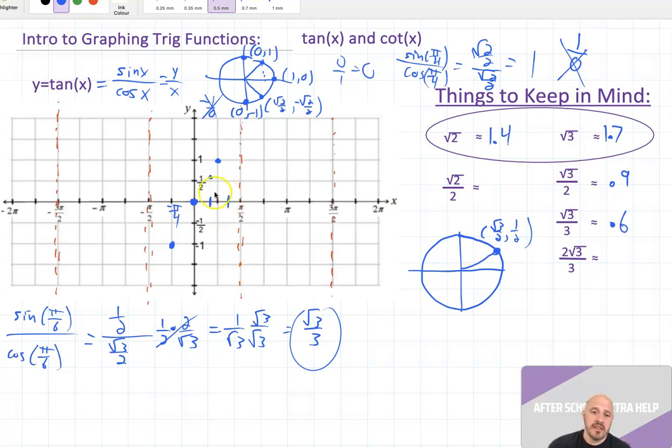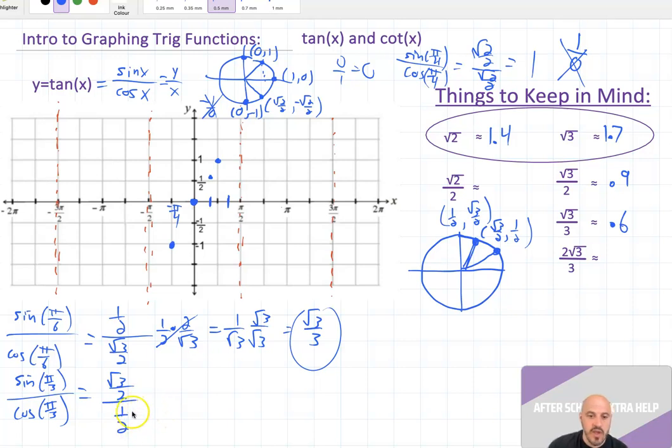Good enough. Let's put in pi over 3. So sine of pi over 3 divided by cosine of pi over 3. What is this value? Well, now we're up here, and these up here have just changed. Your x value is a half, and your y value is the longer side of root 3 over 2. So let's do this opposite: root 3 over 2 divided by a half.